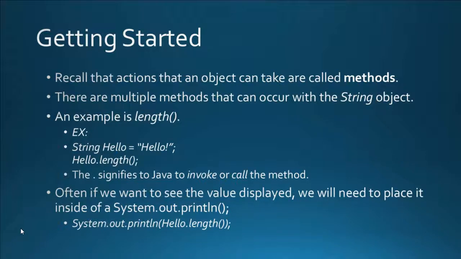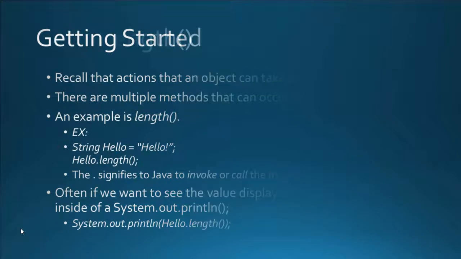So here I have System.out.println(hello.length), and it will return the value. In this case, the length of the string should return a value of 6 characters, because there's an H, an E, an L, an L, an O, and an exclamation point. Remember, it's not just numbers, and it's not just letters, it's all the characters, including space.